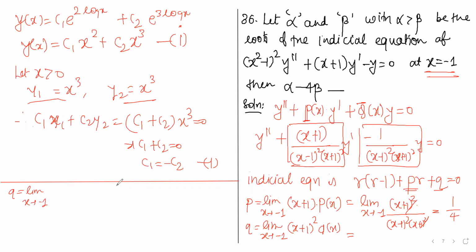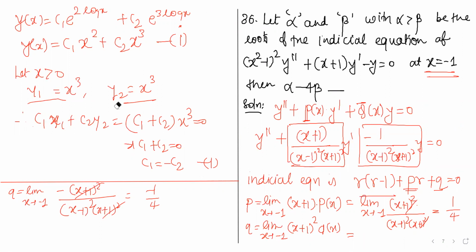So in the numerator there is no 1, so -1 times (x plus 1) square upon (x minus 1) square into (x plus 1) square. That gives me -1 by 4. So I got two nice p and q, and all I need is just to substitute in this equation.